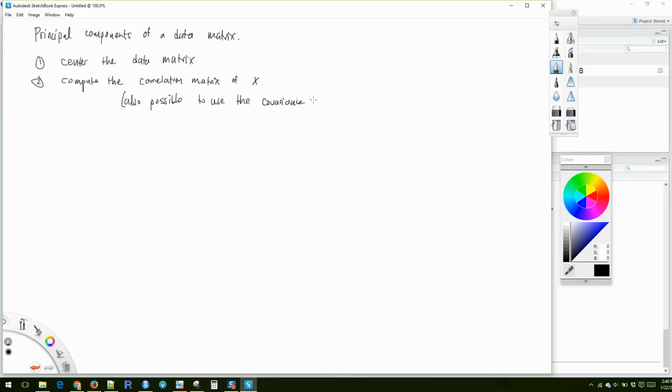I'll talk in a moment about the difference between using the correlation matrix and the covariance matrix. Then perform a spectral decomposition of the correlation matrix.